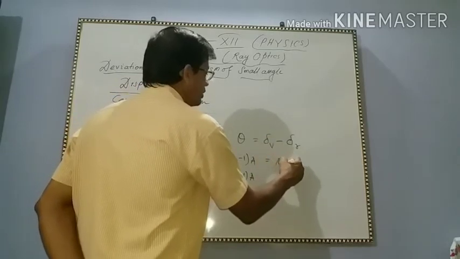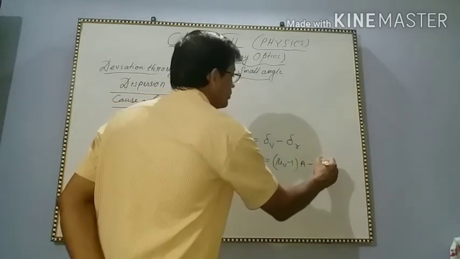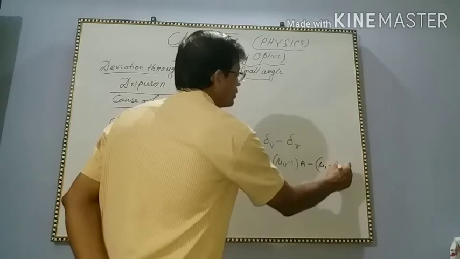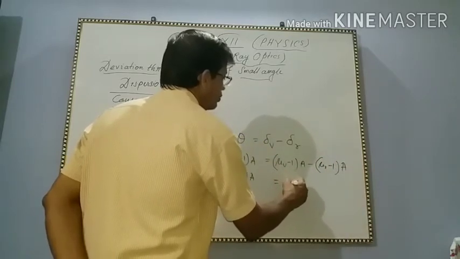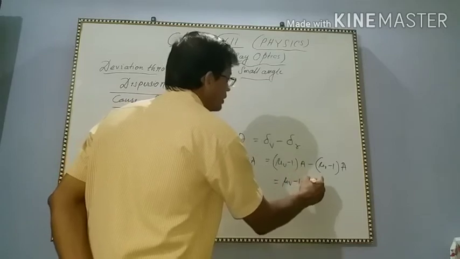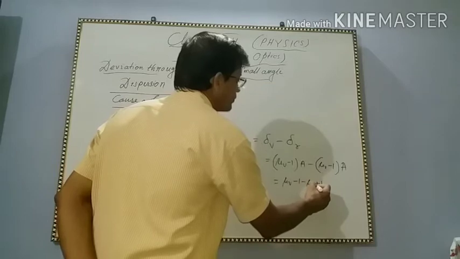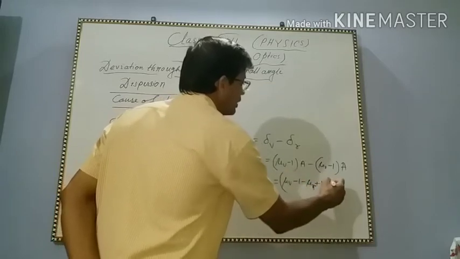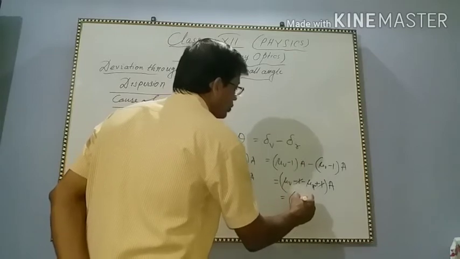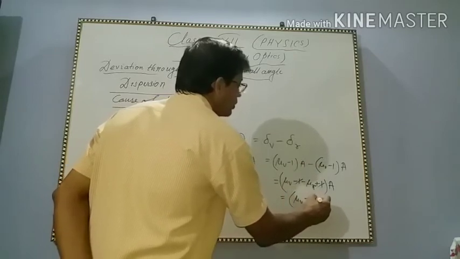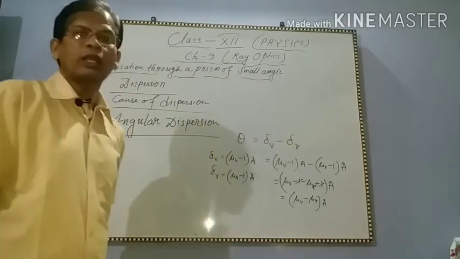Mu V minus 1 into A minus mu R minus 1 into A. Take A common: mu V minus 1 minus mu R plus 1, into A. The 1 cancels, so we get mu V minus mu R into A. This is the angular dispersion.